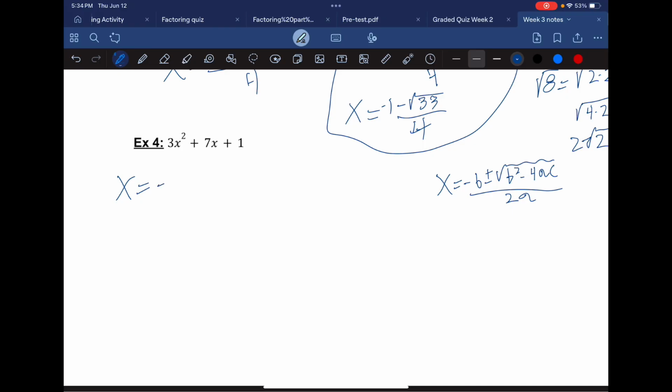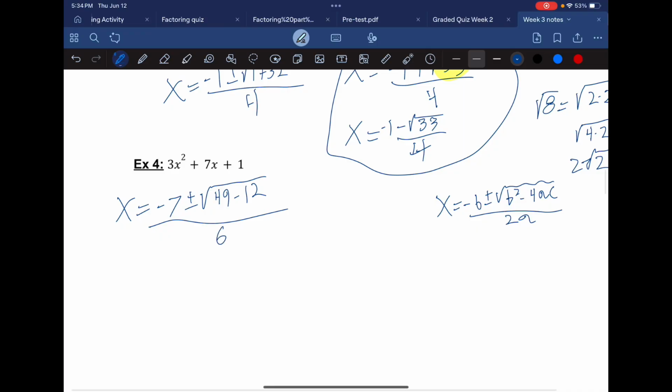So let's plug that bad boy in. X equals negative 7 plus or minus the square root of b squared, which is 49, minus 4 times a, which is 12, times c, which is 1, minus 12, all over 2 times a, which is 6.